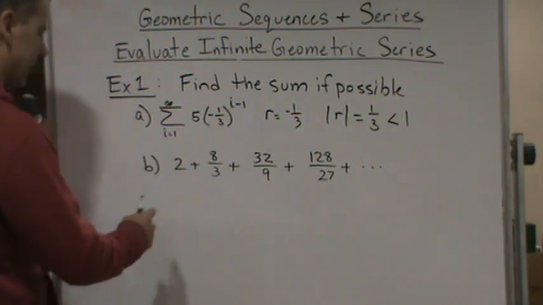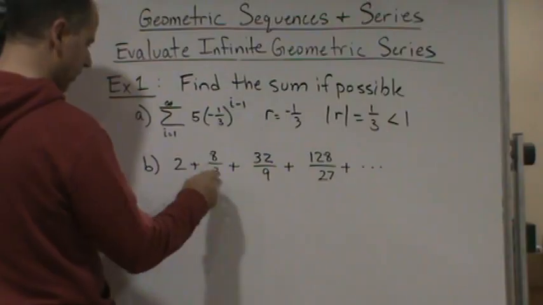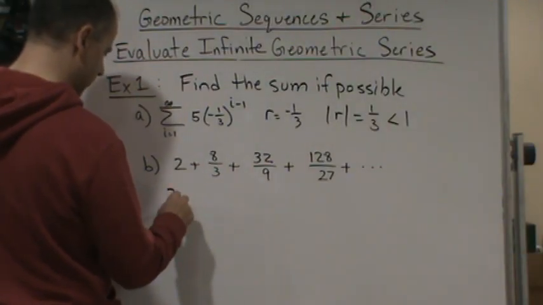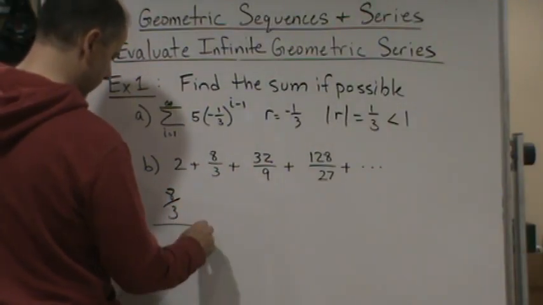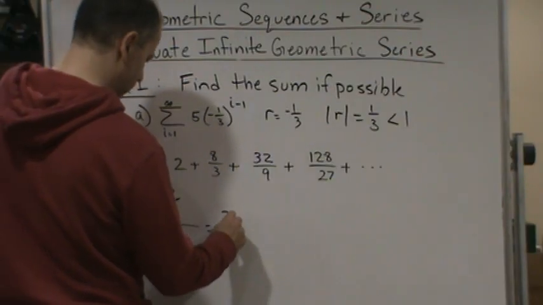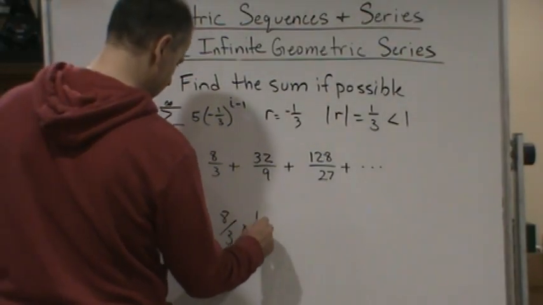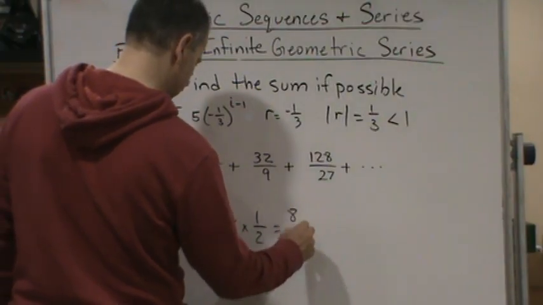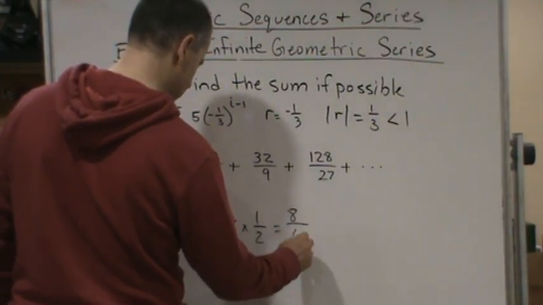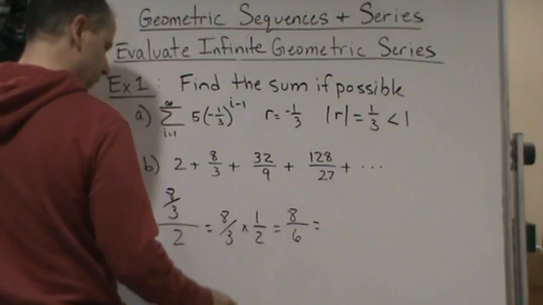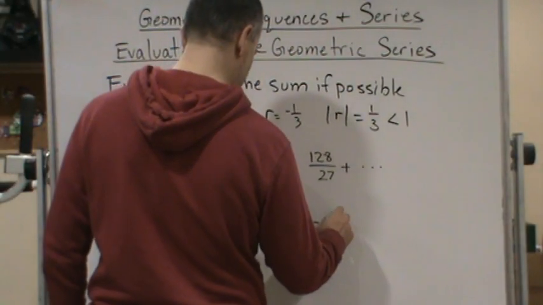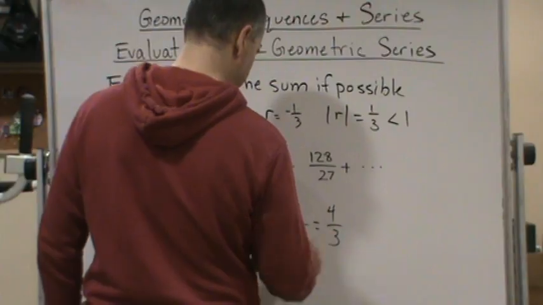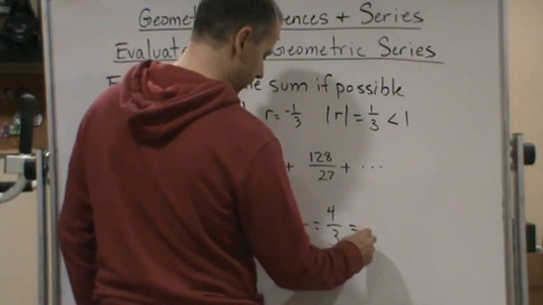So again, we take any two terms and divide them. So 8/3 divided by 2, which is equal to 8/3 times 1/2, which is going to be 8/6, which tells us that the common ratio is going to be 4/3.